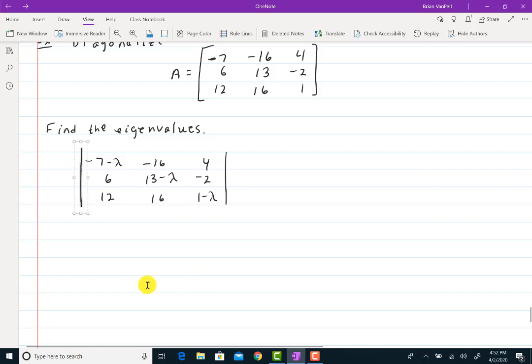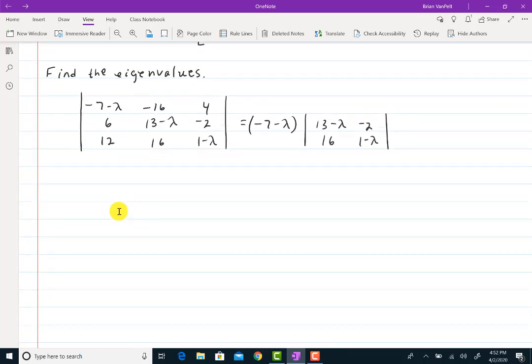So I think what I'm going to do is just go down the first column and see what happens. So let's go ahead and do that. If I go down the first column, remember the first entry is considered a positive entry. So I get -7 minus lambda times, and when I work this, I eliminate the row and the column that it's in, and I'm left with 13 minus lambda, -2, 16, 1 minus lambda.